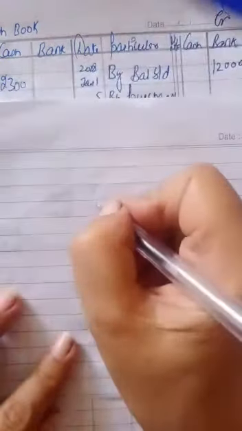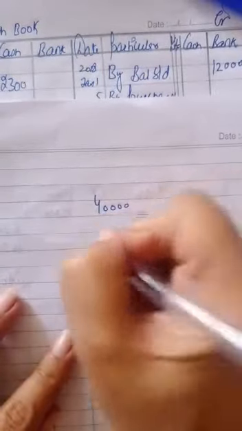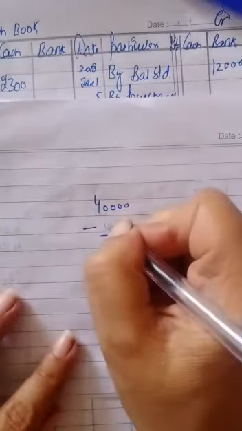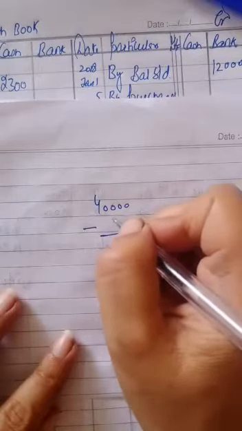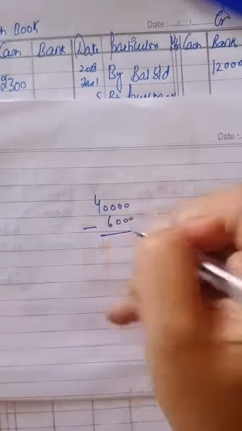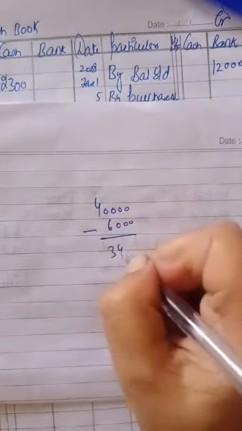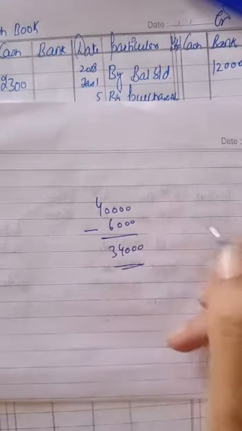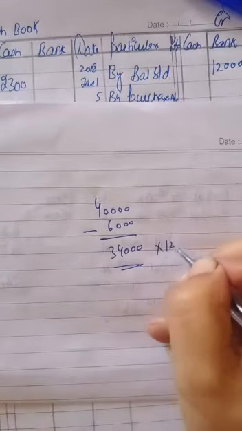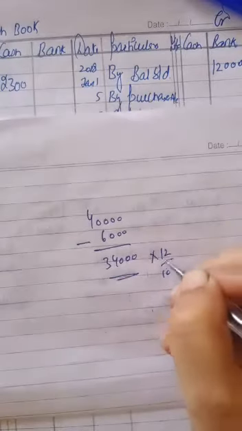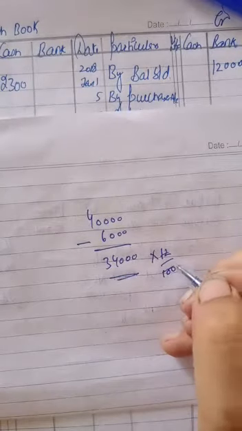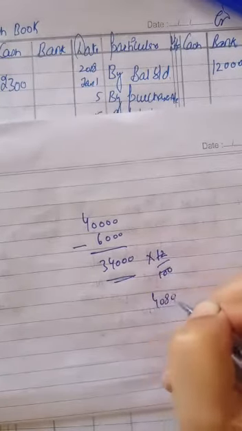We have purchased goods for rupees 40,000 and 15% is the trade discount. 15% of 40,000 will be 6,000, and after deducting 6,000, the purchase price becomes 34,000, and on this 34,000 we will levy IGST, that is 12%, 4,080.